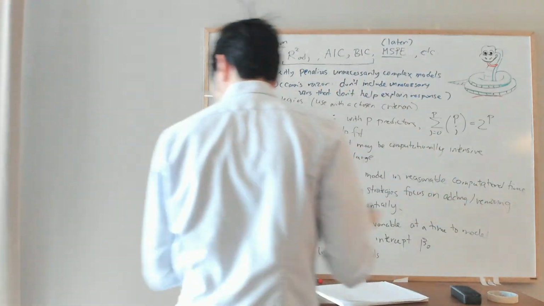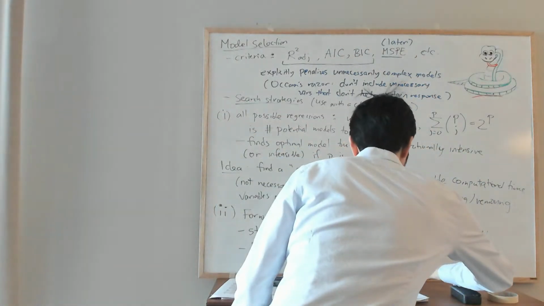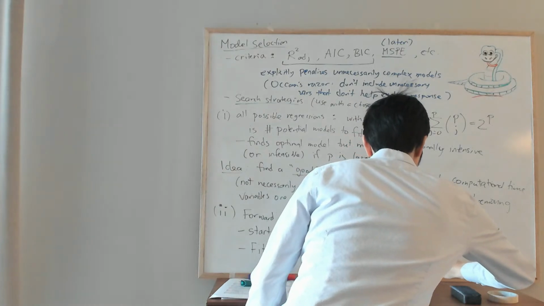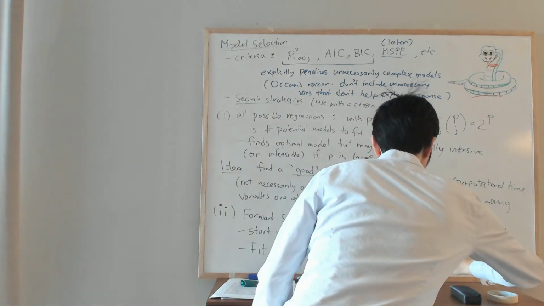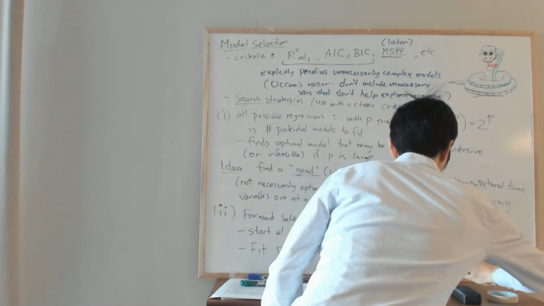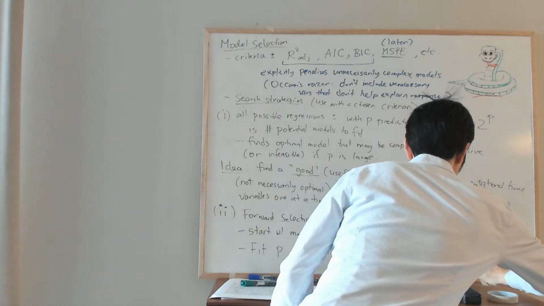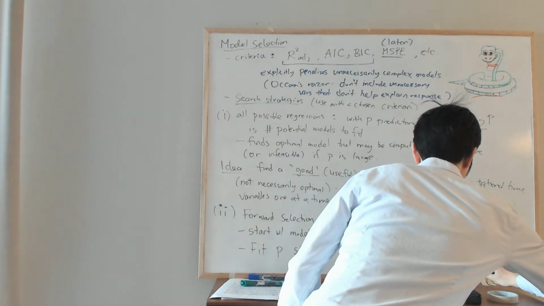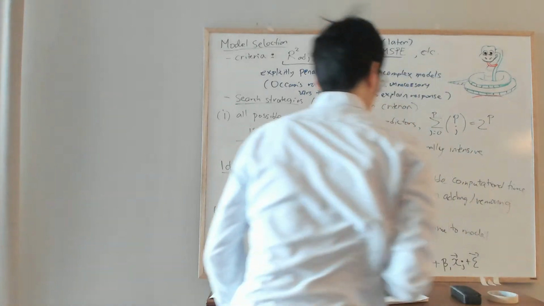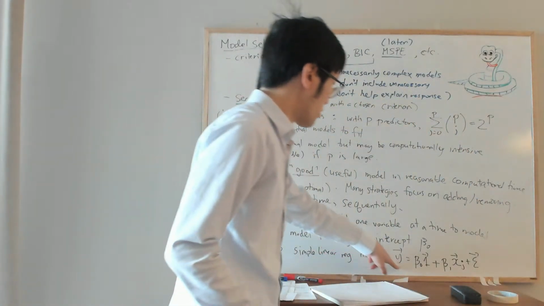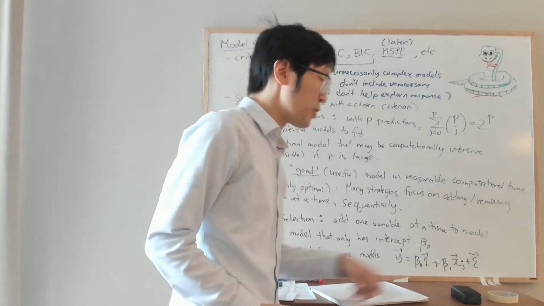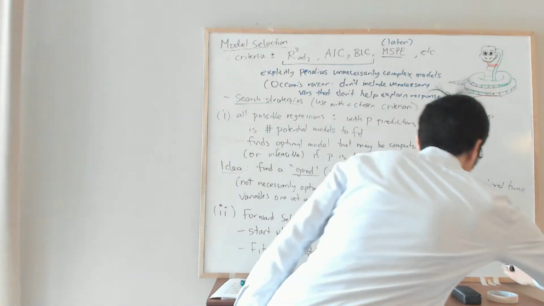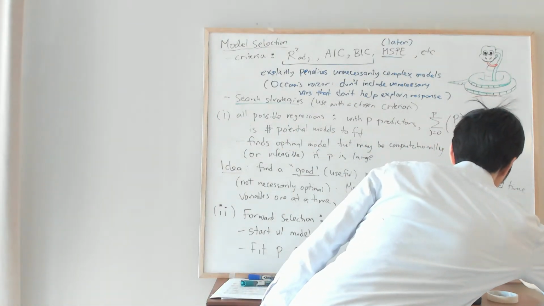Specifically, you can fit y equals beta 0, the intercept, plus beta 1 x, let's call it xj. Then we're going to fit all of the models of this form with just one predictor in them. We have p such models, so j goes from 1 to p.